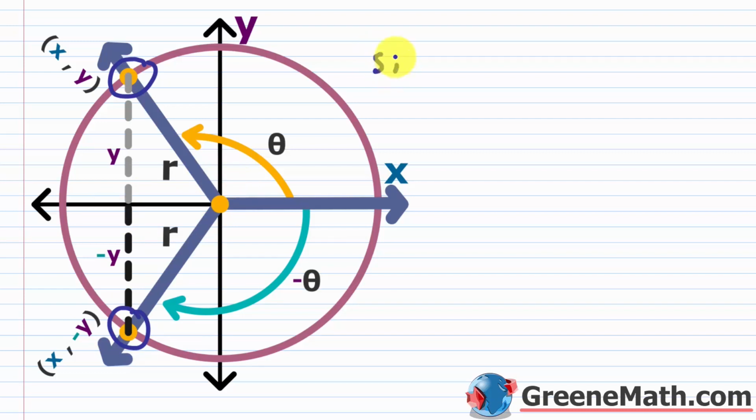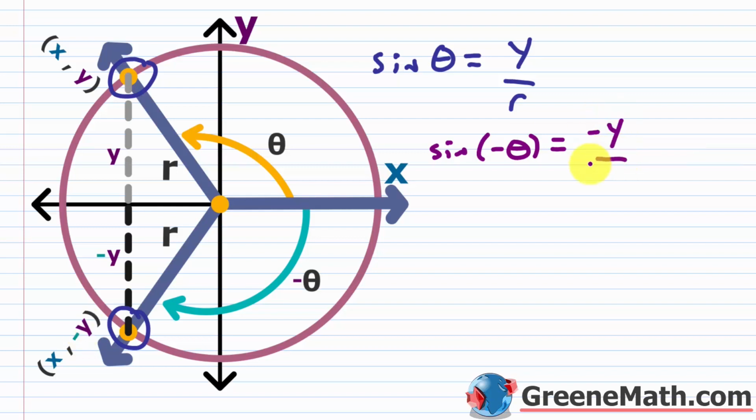We're going to first start with sine of theta. The sine of theta is always y over r. But when I think about sine of negative theta, how do things change? Now I'm dealing with the negative of y, so it's the negative of y over r, which is still r. So these are going to be negatives of each other: one is y over r, and the other is the negative of y over r.